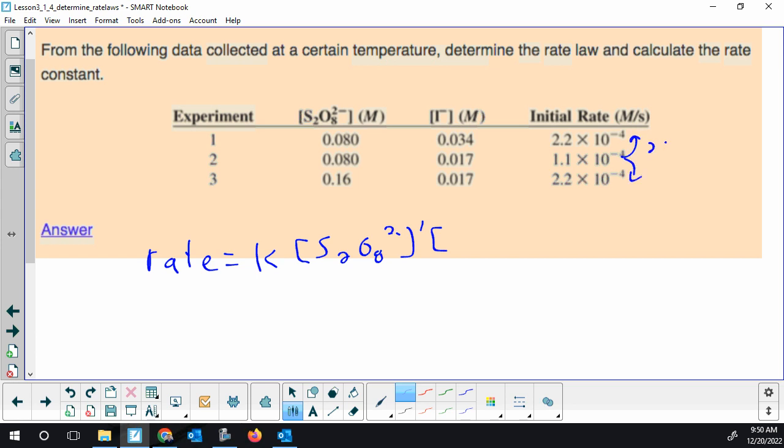Either way, they're a doubling, and all our concentrations are a doubling or a half, depending on which way you look at it. And the rate constant was 0.081.